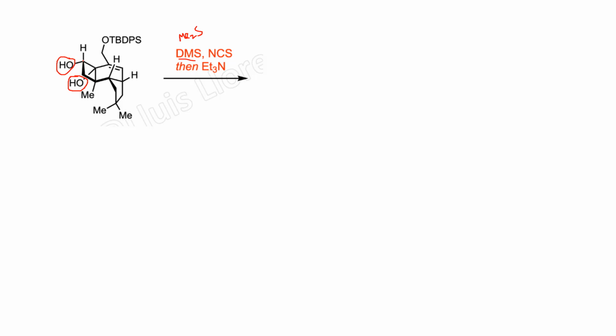This one is attached to 2 carbons, so this is secondary. But here this OH is attached to 3 carbons, so this one is tertiary. We know that the Corey-Kim oxidation can only be performed on primary and secondary alcohols, so this OH will be unreacted.